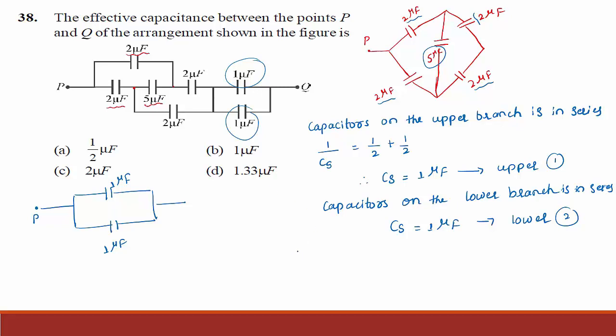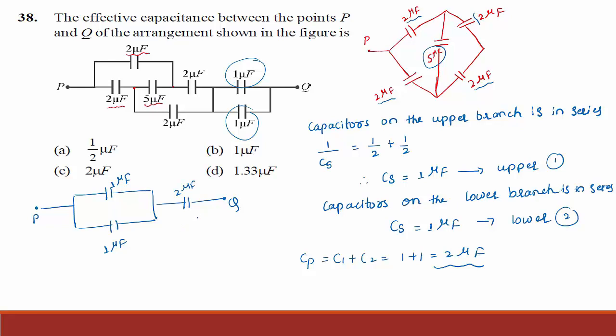So for parallel connection we can write directly CP equal to C1 plus C2, 1 plus 1, which gives 2 microfarad. This is the parallel value. This is terminal Q. Is it clear?